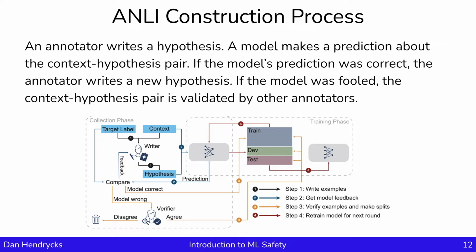If the model actually got it correct, then the example would be discarded. If the model actually did get it wrong by way of this double checking, then the example will be added to either the train set, the dev set, or the test set. And then, as we can see in step 4, the model might be continually retrained as this dataset is being constructed, so that the examples keep getting harder and harder, or that the writers need to come up with harder examples as the dataset is being created.